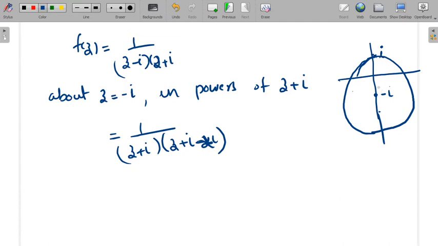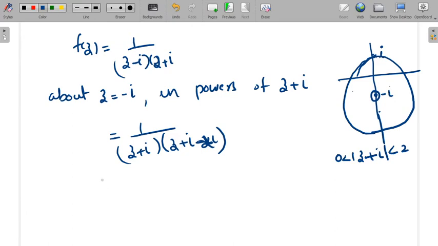So we are making the expansion in the deleted neighborhood 0 less than mod z plus i less than 2. അപ്പോൾ ഇതാണ് നമ്മുടെ region of convergence വരുന്നത്. Center is minus i and the distance to the next singular point is 2. So we expand in this neighborhood.